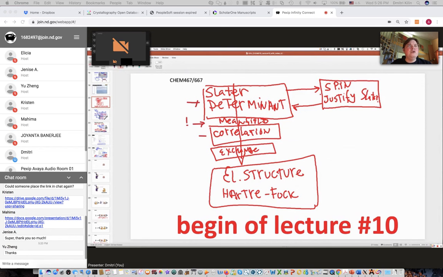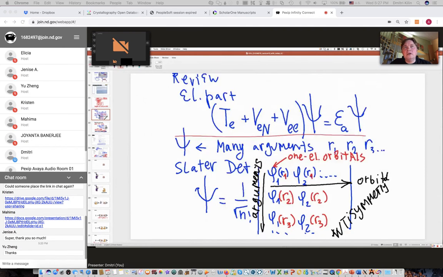Today we deviate from this flowchart, and we speak a little bit more about how to justify this functional form of antisymmetrization of the Slater determinant. And this is all based on the concept of spin. We have separated electronic and nuclear degrees of freedom.